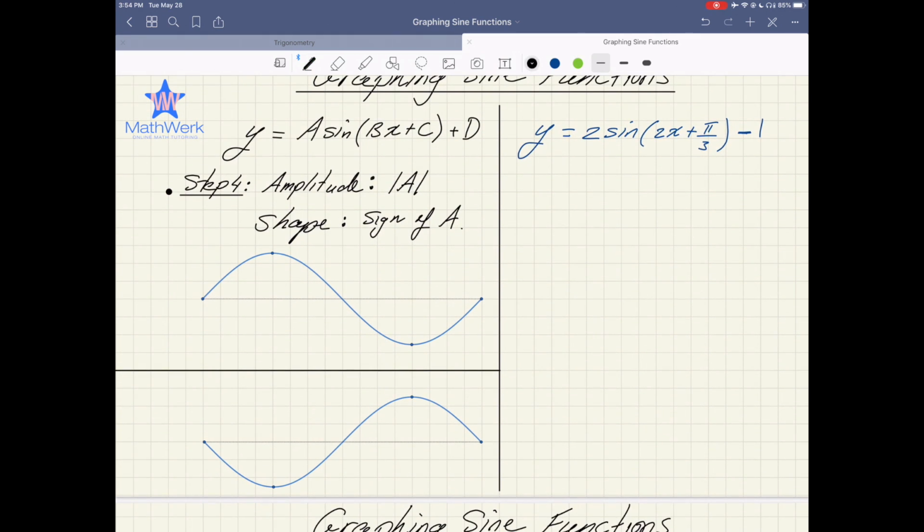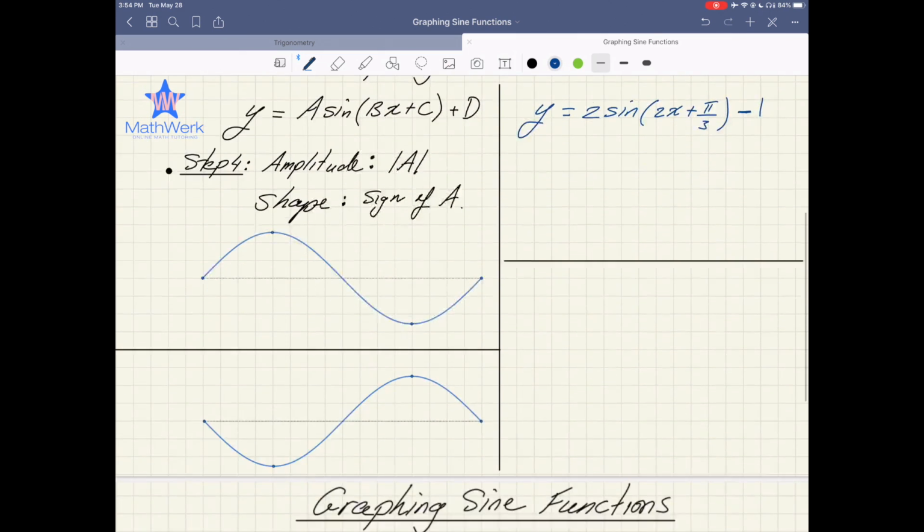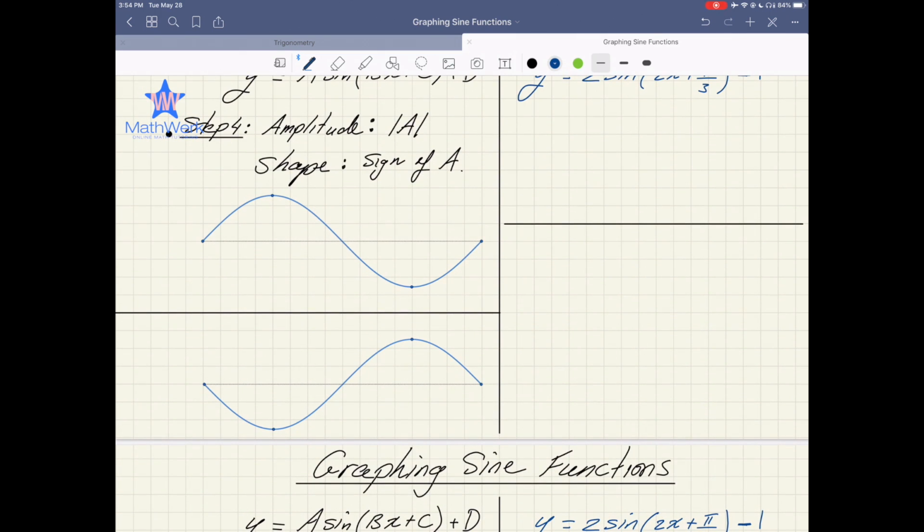So we'll start with the x-axis. Let's put it here. And we'll make each unit equal to pi over 12. So the first point is negative pi over 6, which can also be written as negative 2 pi over 12. Okay, so we'll put that here as our first point.